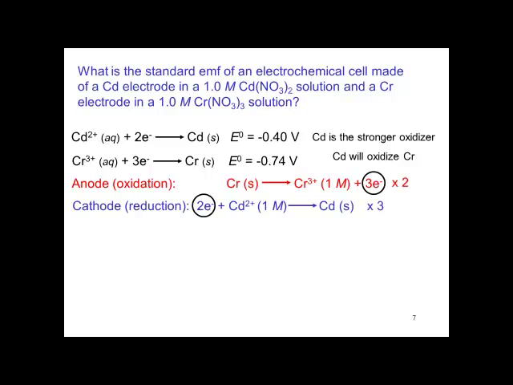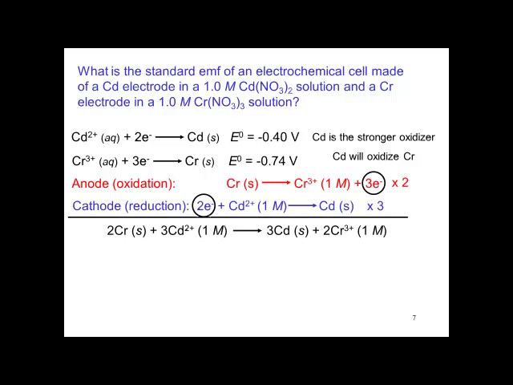We have to balance that out and get the overall reaction: 2 chromium plus 3 cadmium 2+ yields 3 cadmium plus 2 chromium 3+. E0 of cell equals E reduction minus E oxidation. Substituting in negative 0.40 and a negative 0.74, we get an E0 of the cell of 0.34.